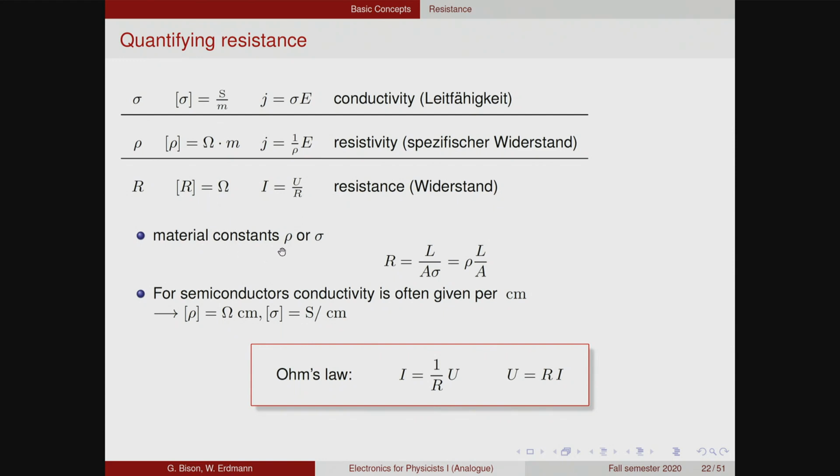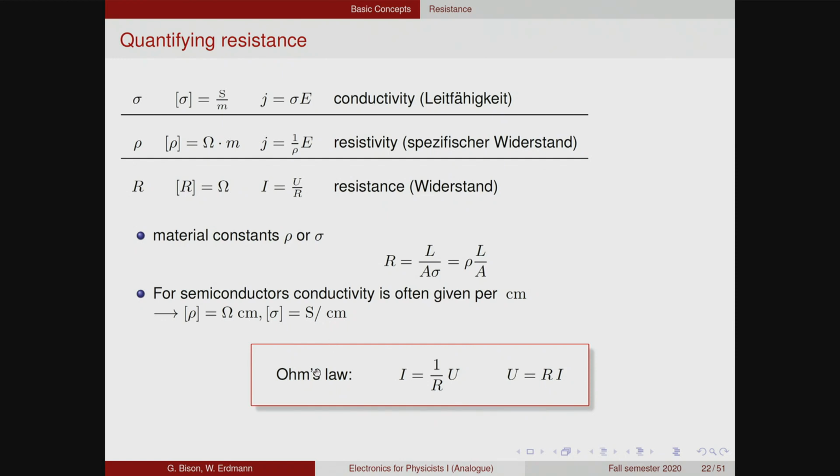Material constants are expressed either as the resistivity or the conductivity, and you can convert the resistance into a conductivity or resistivity if you know the geometrical shape of your conductor. For semiconductors, the resistivity is an important quantity. It's one of the things that you can tune in a semiconductor, and it's often given in ohm centimeters because meters is such a long distance.